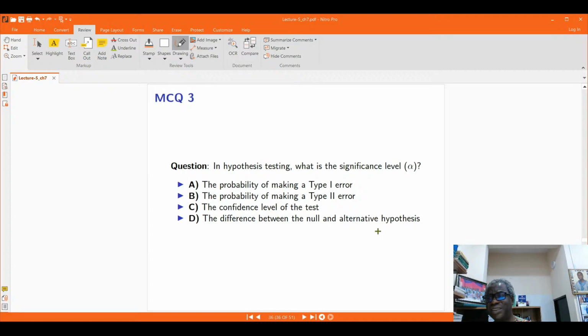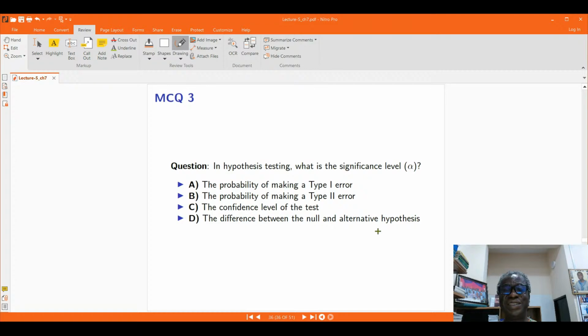Question 3 says, in hypothesis testing, what is the significance level? The probability of making a type 1 error, the probability of making a type 2 error, the confidence level of the test, the difference between the null and the alternative hypothesis.